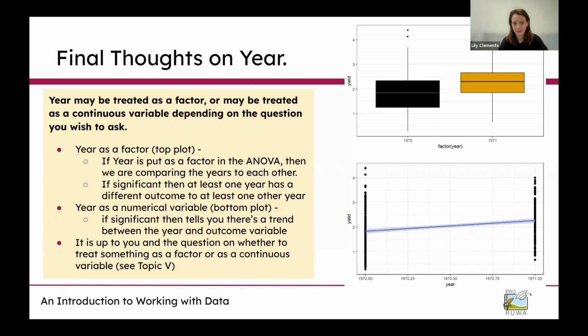If in the ANOVA, when year is treated as a numerical variable, it shows that year accounts for a large portion of variability, then that tells us that there's a trend between the year and outcome variable. It's up to you and the question on whether you want to treat something as a factor or as a continuous variable. And we have a little bit more on this back in topic 5.